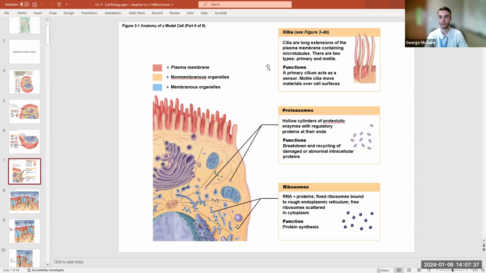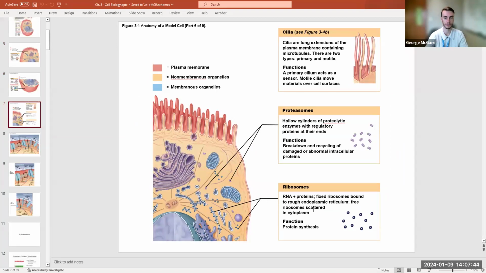Okay, we're going to talk more about cilia later. We'll talk more about all of these essentially, except ribosomes. So I guess we can, I have a slide on ribosomes. Ribosomes are a very plentiful organelle in all cells. Ribosomes are a required organelle for a living thing to function. Ribosomes are these teeny tiny protein-based structures you see floating around here.